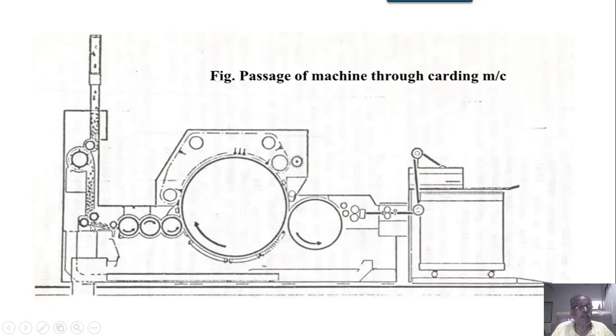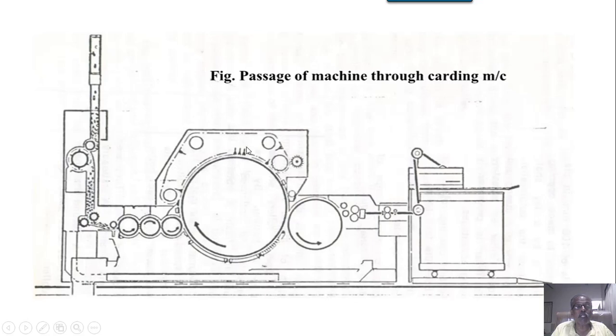So here again you have a sort of screening mechanism. Wire covered rollers are there, and then the feed system is there. In the feed system you have three licker-ins, and the three licker-ins will considerably reduce the flock size as one roller beats, and the material gets transferred onto the other roller.